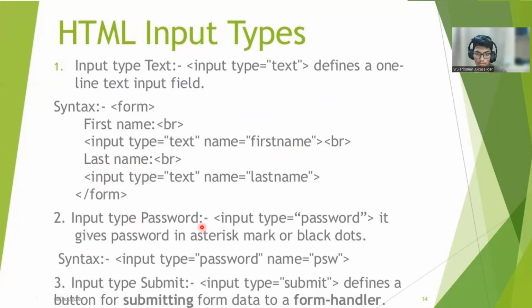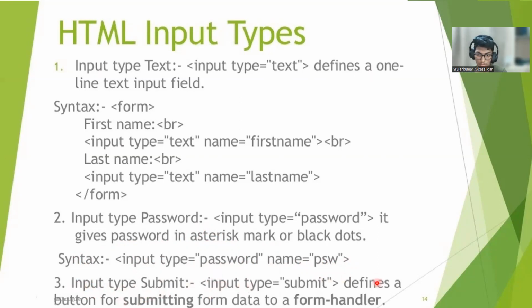Input type password. Password is one of the input types; it is also like a text field, but it specifically takes the password. The syntax is input type equal to password and then name, which you can name whatever you want. Then input type submit.